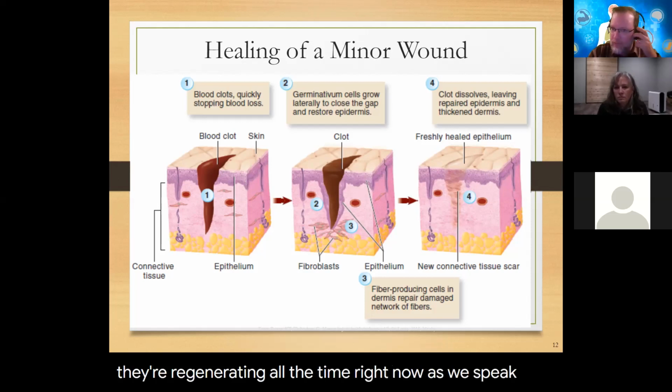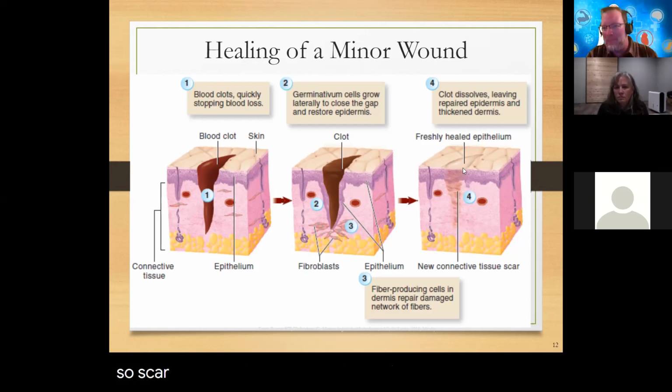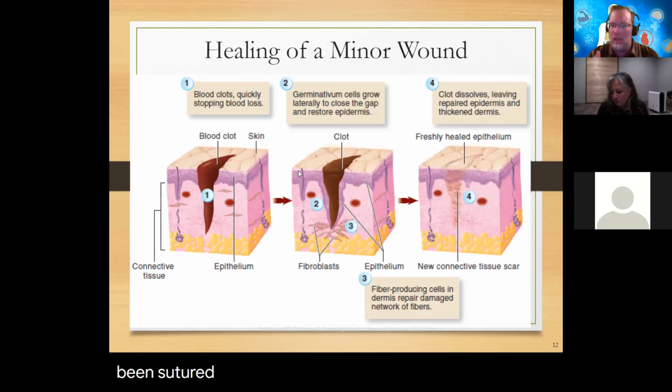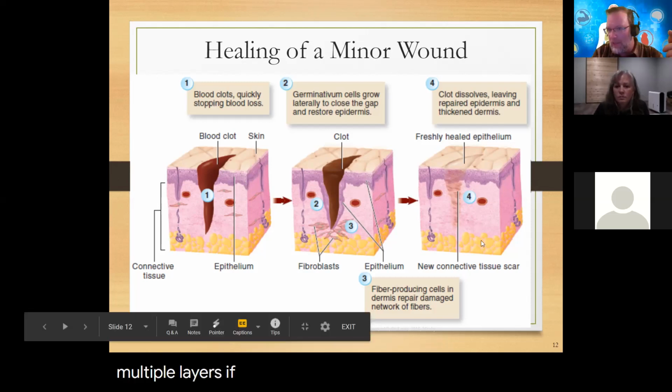And so scarring, depending on the depth of the wound, the scarring on the epithelium usually isn't going to be too bad. Now, if it's been an incision and it's been sutured, usually what they do, instead of suturing the layers, notice you've got multiple layers. What's below this yellow stuff?